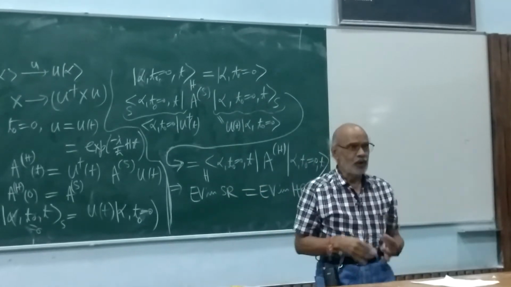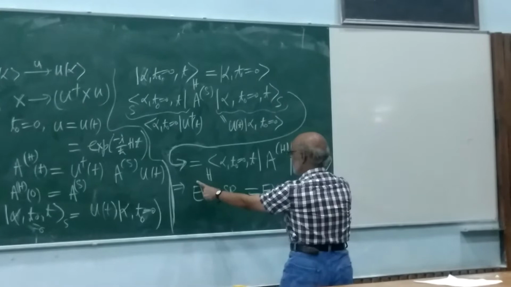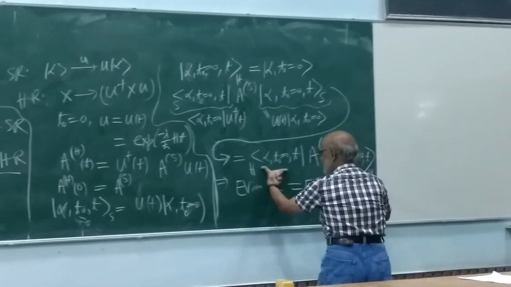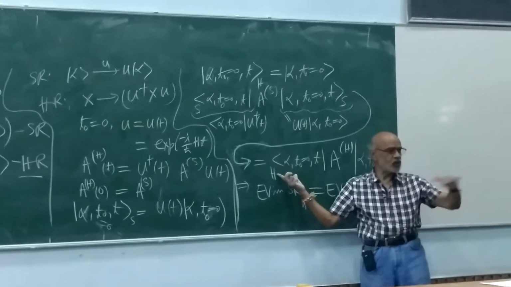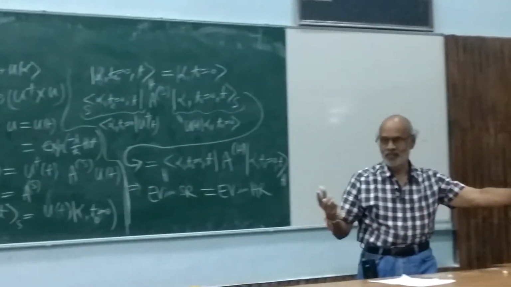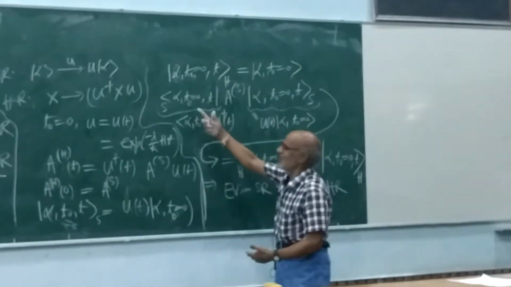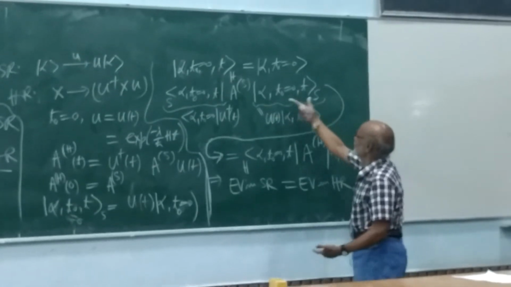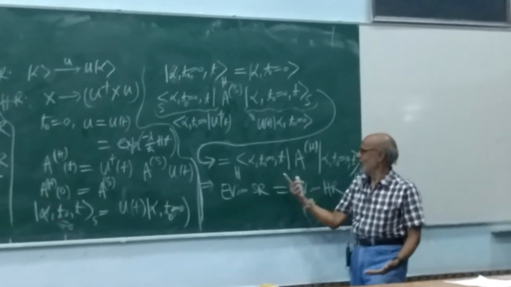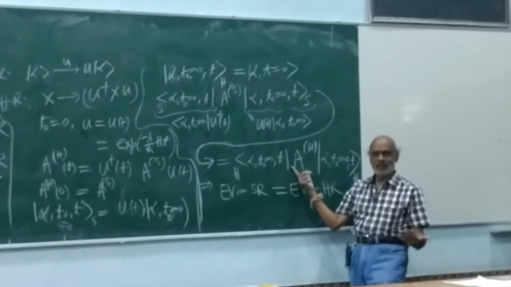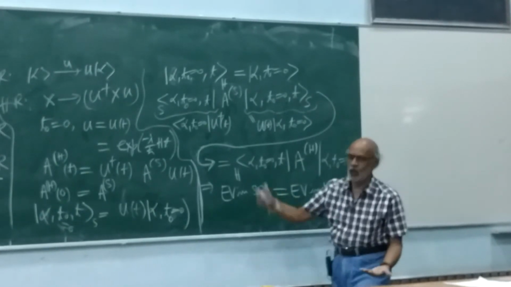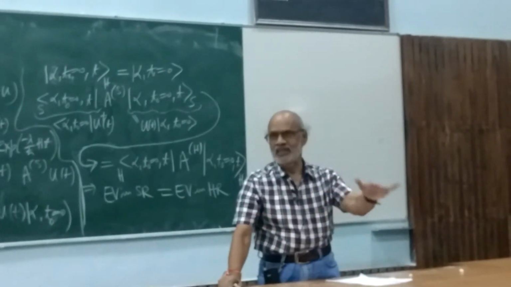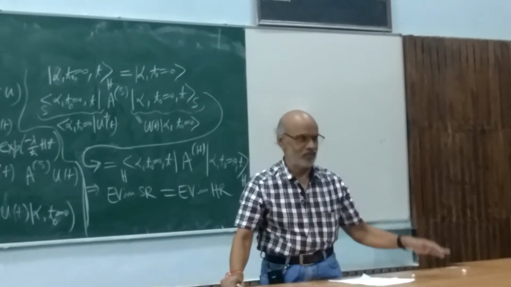Why? Because if I want to write down the expectation value in the Heisenberg representation, then this remains fixed or frozen for all time. So it is the same object which is here. And this is my operator in the Heisenberg representation. And therefore, what do I infer? That the expectation values in both the representations are identically the same.